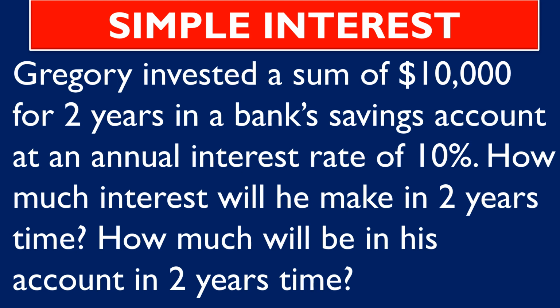So the amount he invested is called the principal. That's the amount he started with, which is $10,000. And then the duration for which his money will be in the account is the time, and that time is 2 years in this particular case.